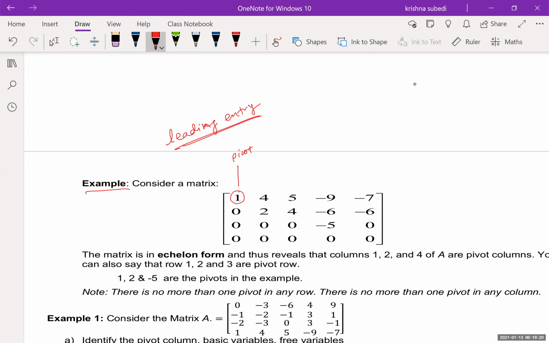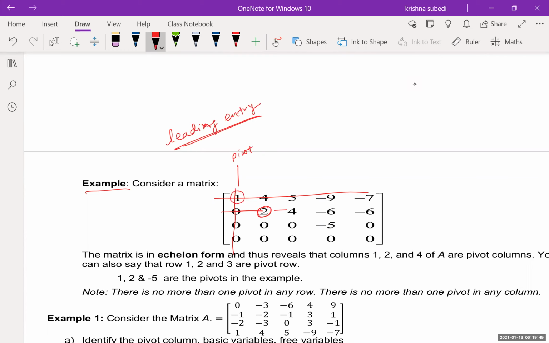Now, in one column or one row, there could be only one pivot. Now this row and this column are gone. Now go down, and this is your next pivot. And now this row and this column are gone, because there can be no more than one leading entry in each column and row. Only one leader.